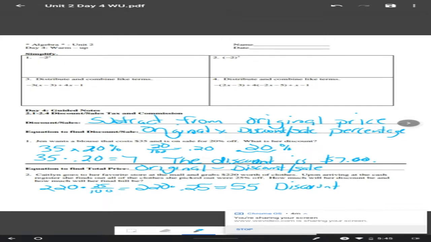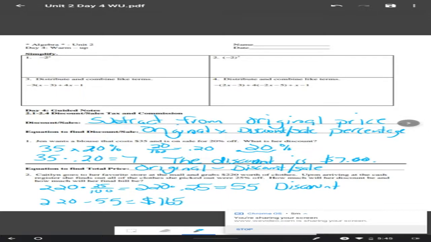But it asks you not only how much her discount will be, but what will her final bill be. And this is where we actually do that equation where we subtract the original, which is 220, and we subtract it with my discount or my sale I found. So if you do 220 in your graphing calculator subtracted by 55, so 220 minus 55, you would get $165 as her total.